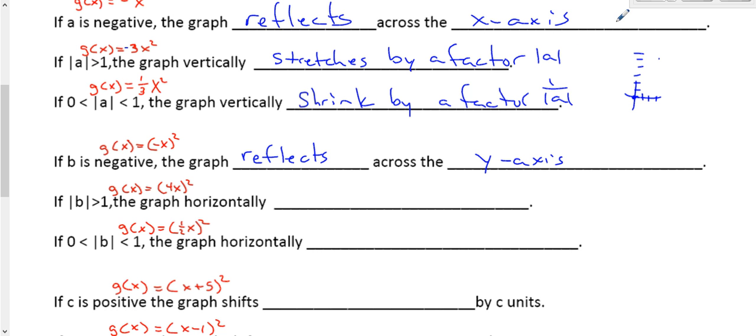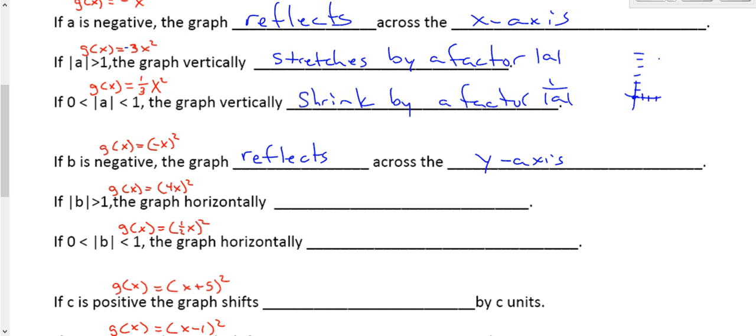Reflecting across the x-axis is reflecting up and down. Reflecting across the y-axis is reflecting left and right, because the y-axis goes up and down. The only way to go across that is to go sideways. So that's why we are talking about reflecting across the y-axis.